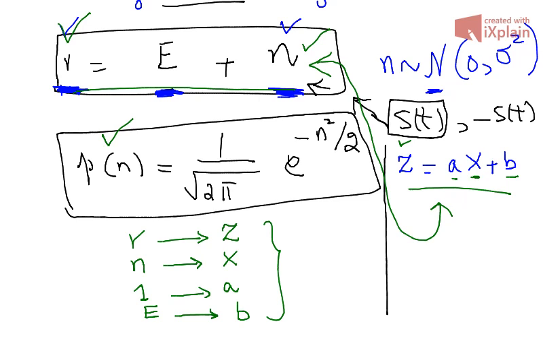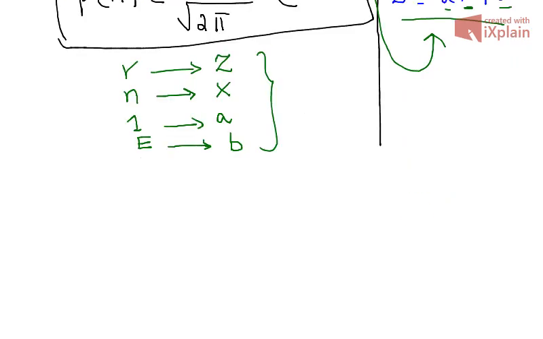And if you have these values, you can write the PDF of R using the knowledge of transformation of random variables.